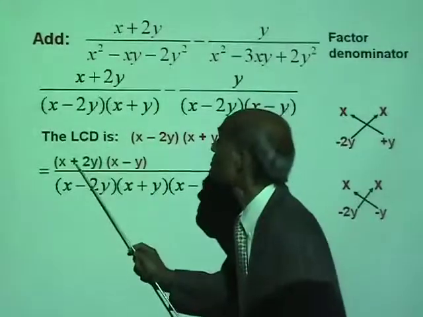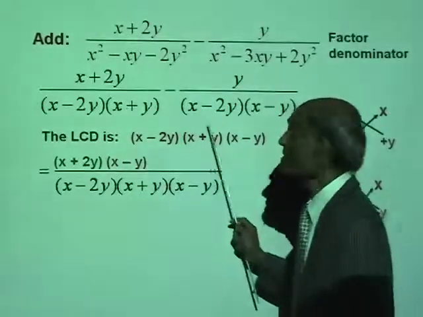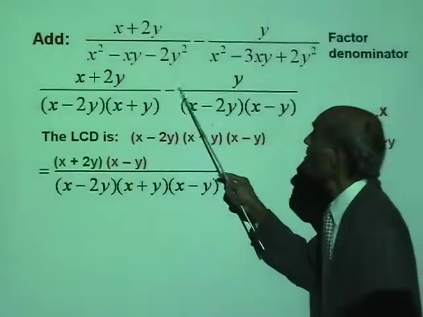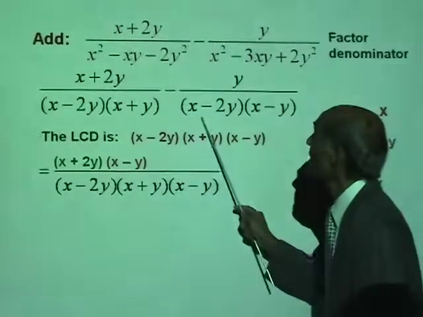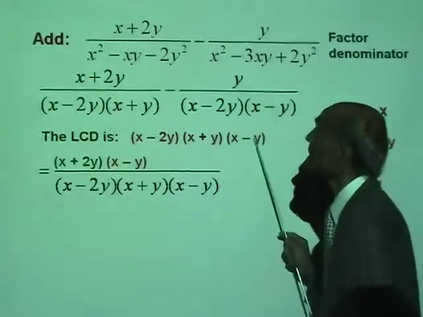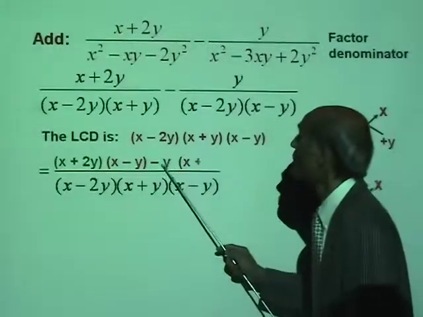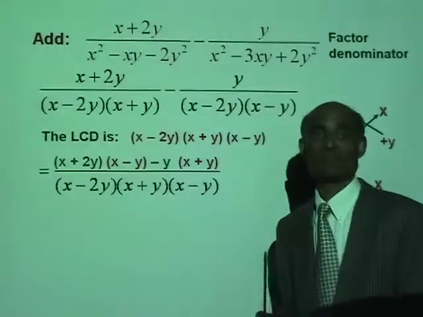So x plus 2y is multiplied by the missing factor x minus y. What is this minus y going to be multiplied by? What is the factor that is missing here out of the LCD? That is x plus y. So that will be minus y times x plus y.